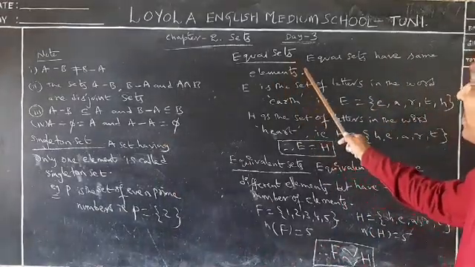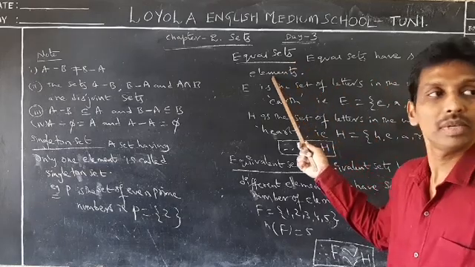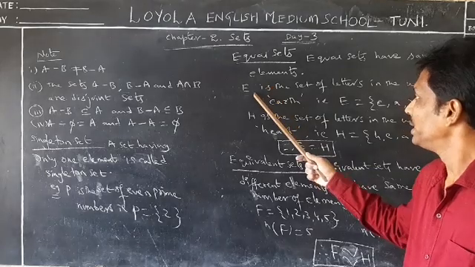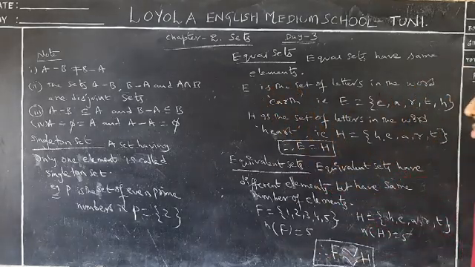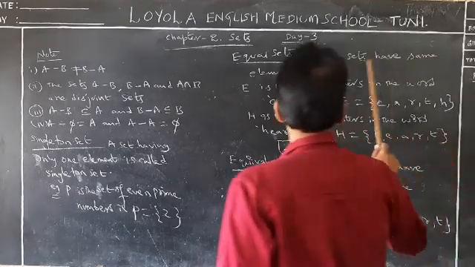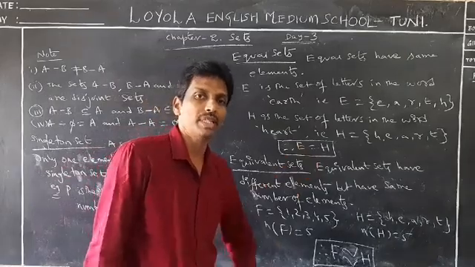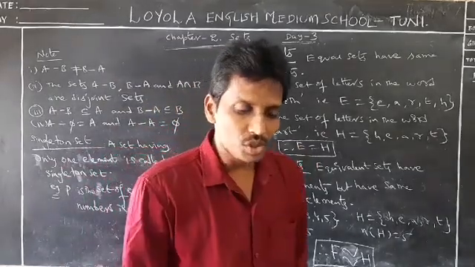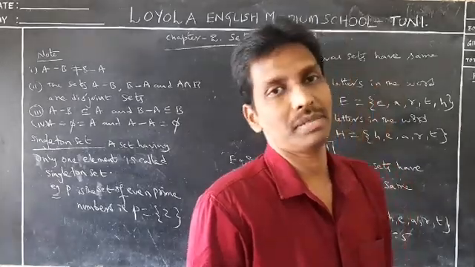And next, equal sets. Equal sets have the same elements. For example, two sets may have the same elements.